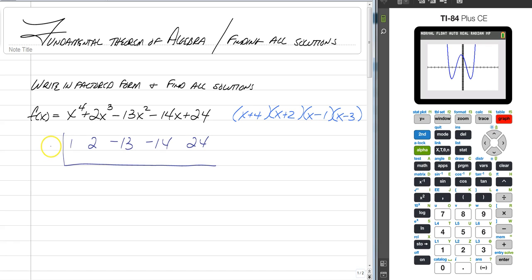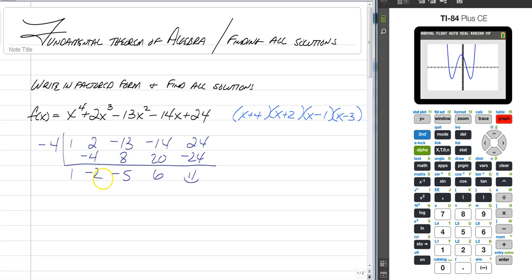And one of our zeros, I'm just going to start with the one that was furthest to the left, is a negative 4. Using synthetic division, we would have a 1, that gives us a negative 4, negative 2. 8 gives us a negative 5. Which is going to give us 20, leaving us with a positive 6 and a negative 24, which means we have no remainder. So that means we have x cubed minus 2x squared minus 5x plus 6.